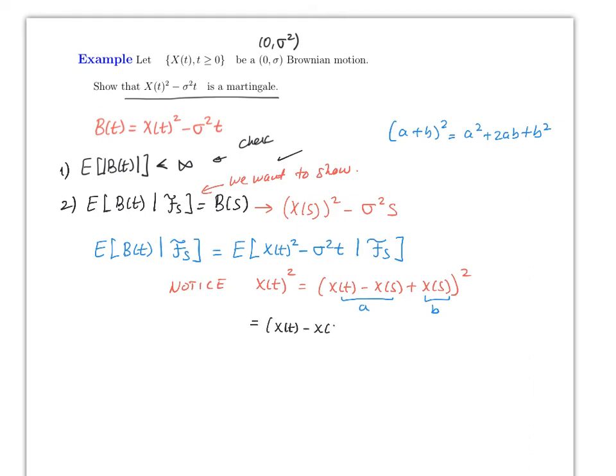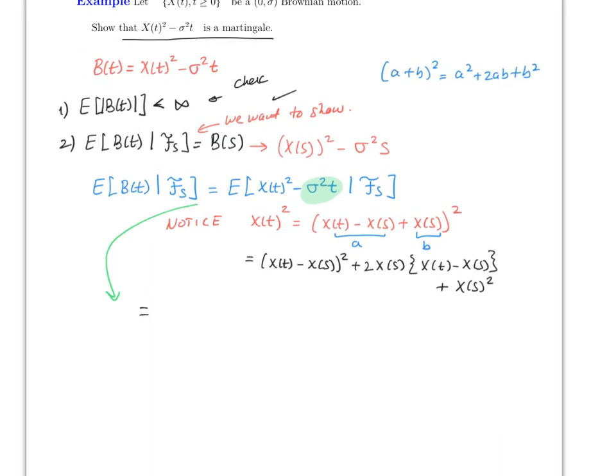xt minus xs squared plus 2xs times xt minus xs, and then plus xs squared. Notice that this part is not random, so you can leave it alone for now. Just don't forget that it's there. Okay, so therefore from here we got the following.